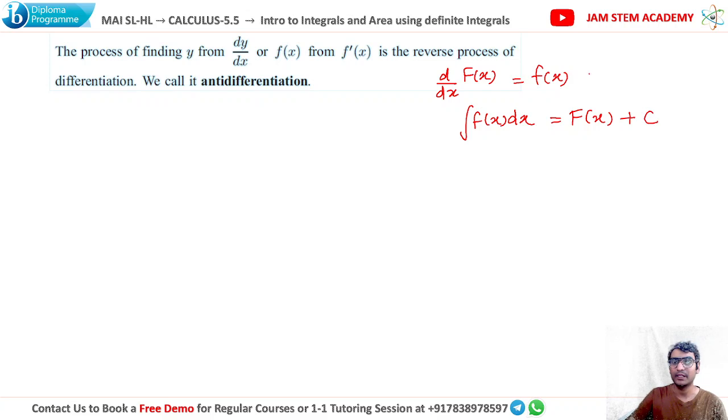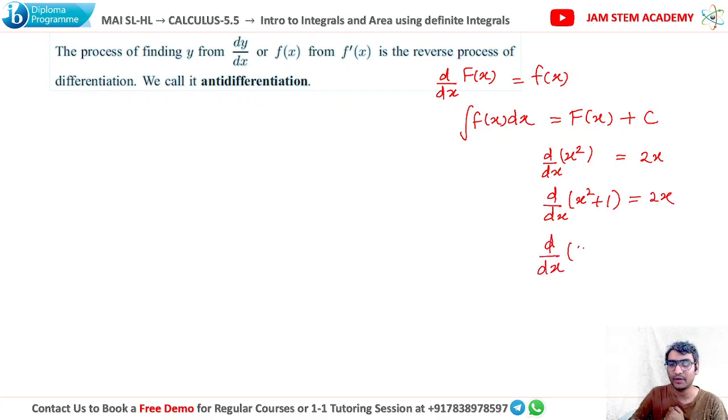I'll show you why. See, if I say find the derivative of, let's say, x squared, we do know the derivative of x squared is 2x. Similarly, the derivative of x squared plus 1, what is that? That's also 2x. If we find the derivative of x squared plus 7, still it is 2x, because that constant number is not affecting that answer, right?